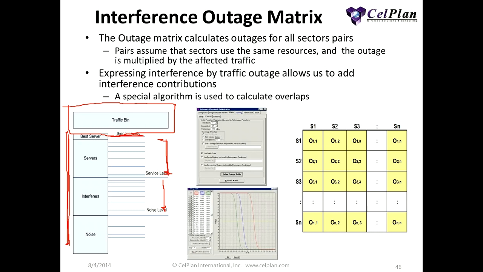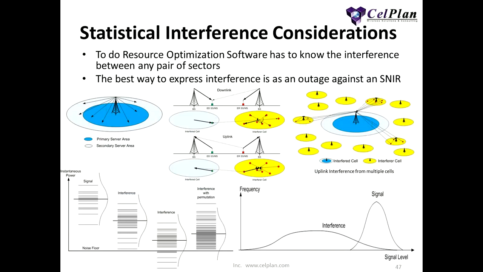Then we have interference, and then we have signals that are at noise level or below noise level. So for two transmitters, S1 and S2, we can calculate for this pixel what the availability between them is. Those availabilities are then statistically added, creating what we call an interference matrix.